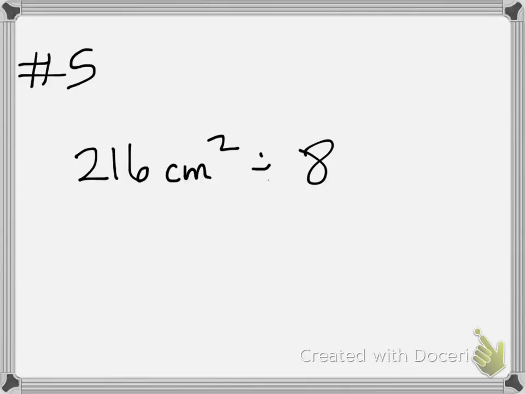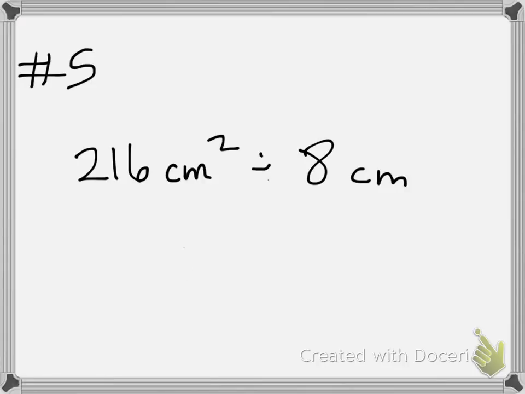On number 5, you had 216 square centimeters divided by 8 centimeters. Again, you don't want to make this problem harder than it is. We just do 216 divided by 8.